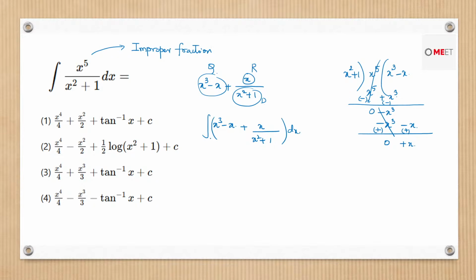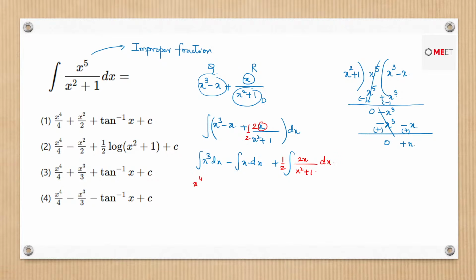So this would become integral x cube dx minus integral x into dx plus integral. Here it is in the format of f dash x by f of x. If you remember, the derivative of x square plus 1 is 2x. If we multiply and divide with 2, this becomes f dash x by f of x, that is integral 2x by x square plus 1 into dx.